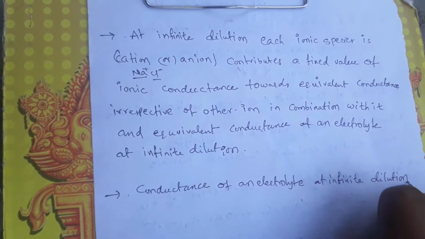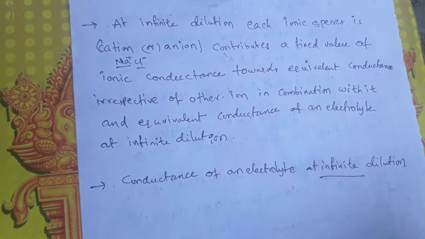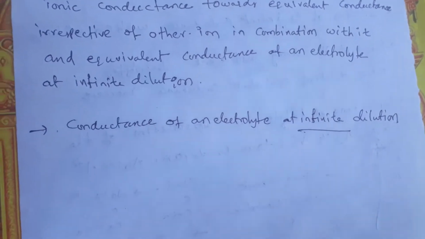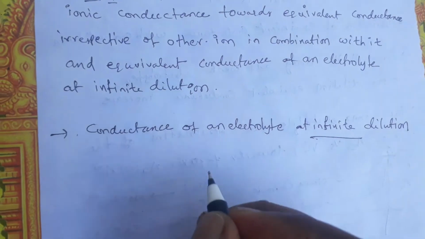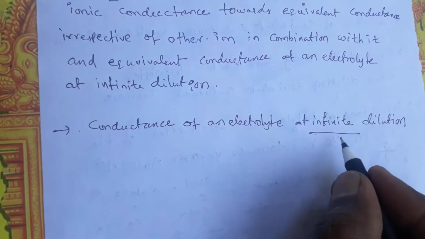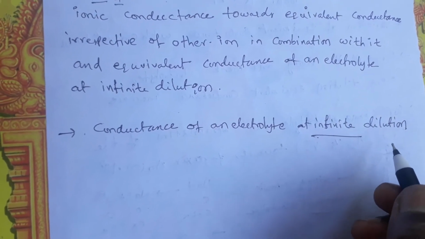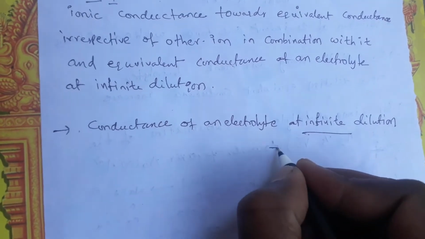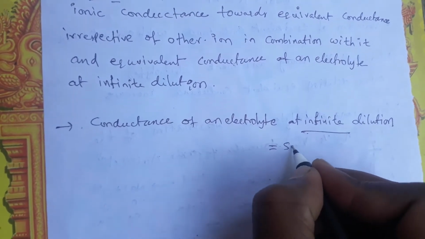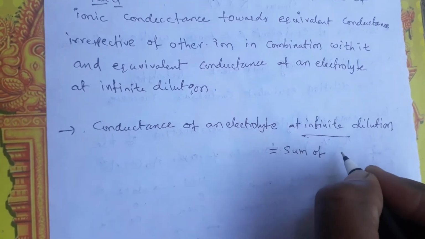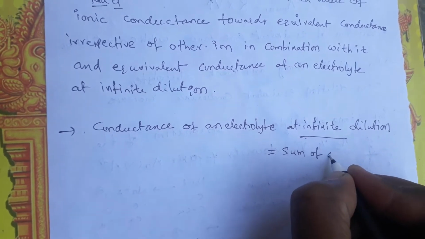Remember that infinite dilution does not mean we are adding solvent infinite times. Infinite dilution means the dissolution where we cannot find out the conductance of the electrolyte. So the sum of that is equal to the sum of the ionic conductance.